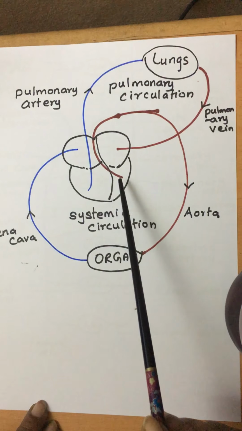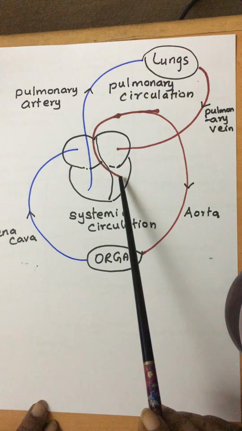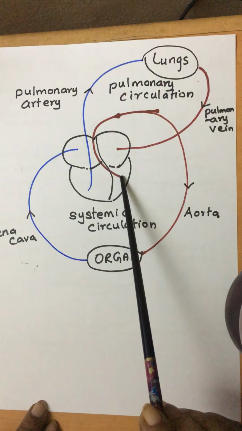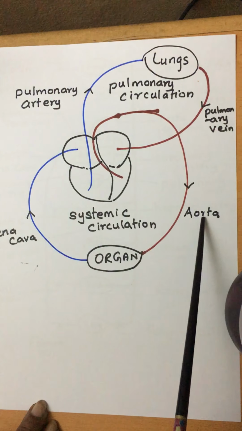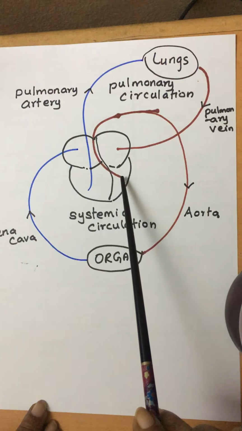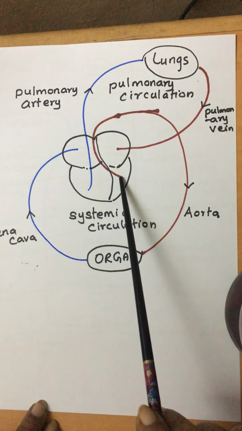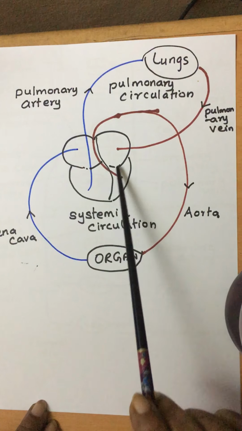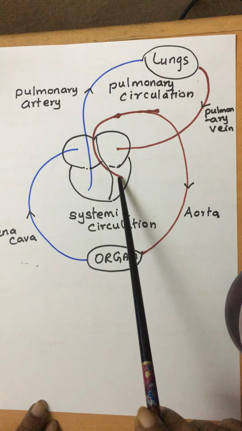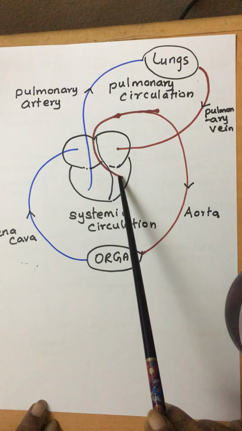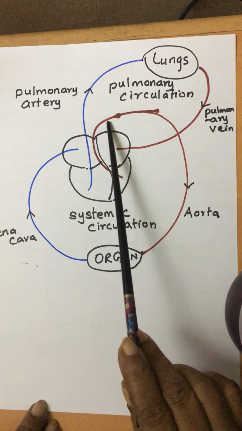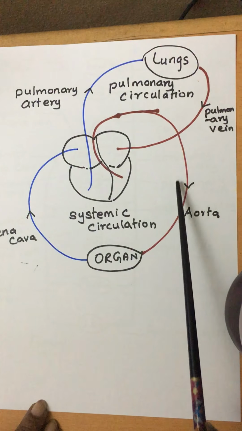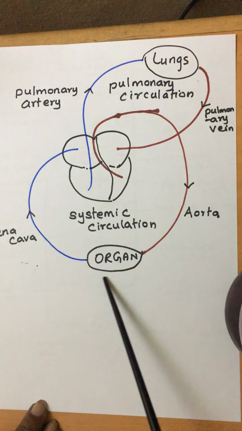Systemic circulation: the aorta, or systemic artery, the same name, carries oxygenated blood from the left ventricle with high pressure and supplies it to all the organs.